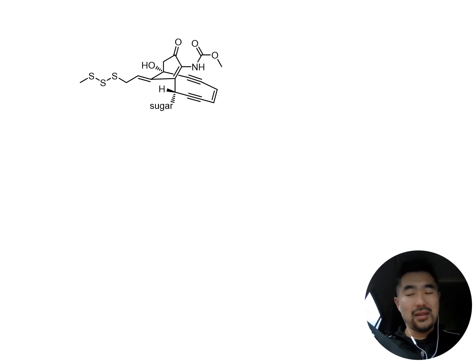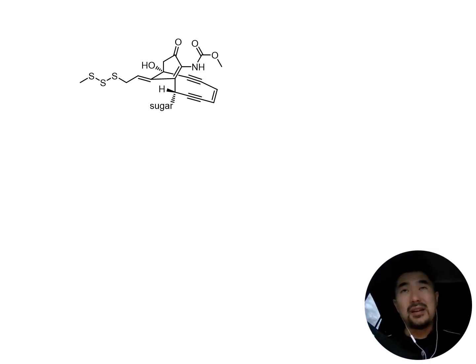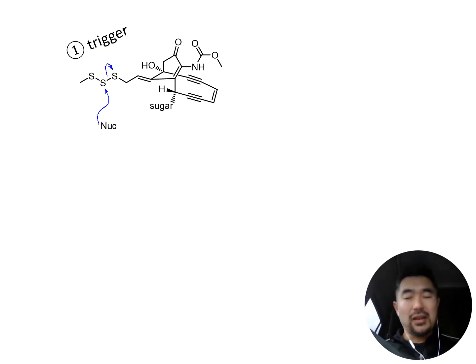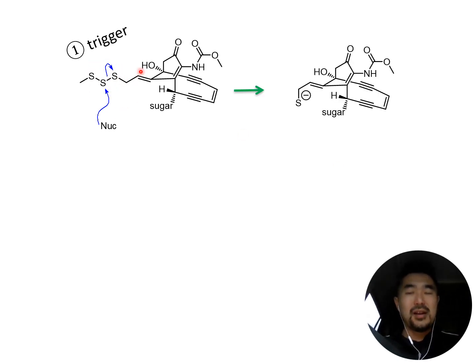In an environment where there's a lot of nucleophiles, like say DNA bases, this unique trisulfide functional group can be attacked, leaving behind a thiolate anion, a sulfur anion, which is of course a very good and strong soft nucleophile.